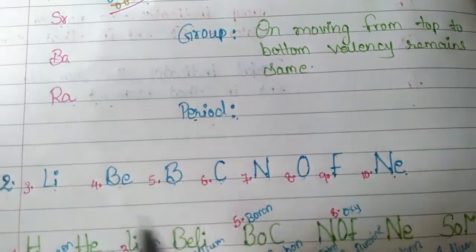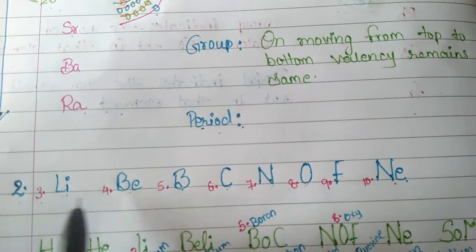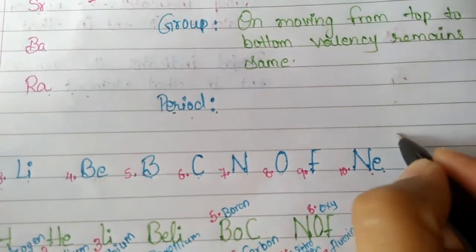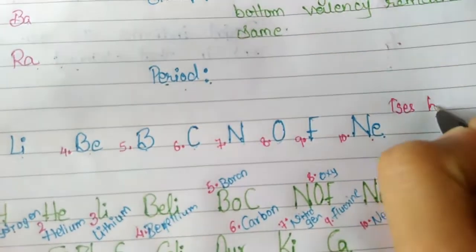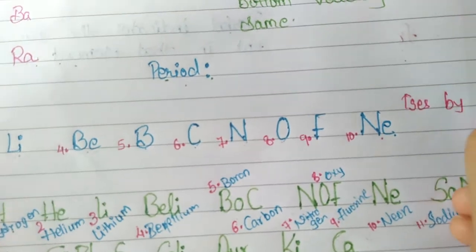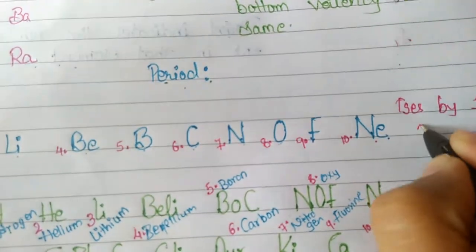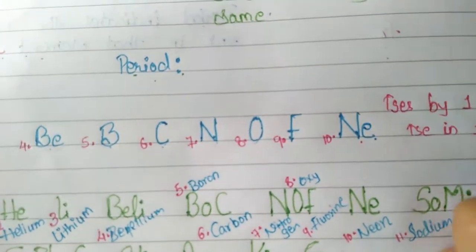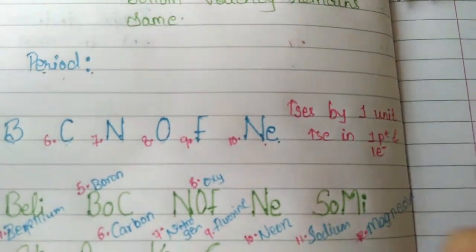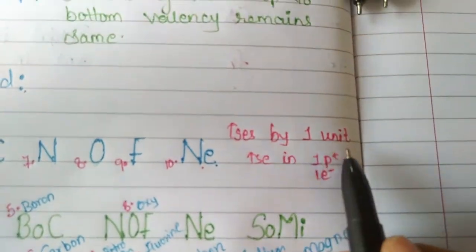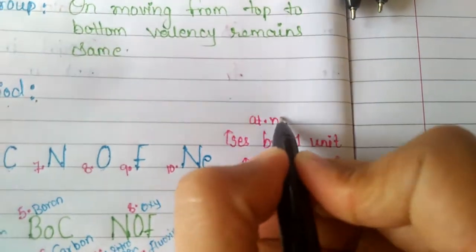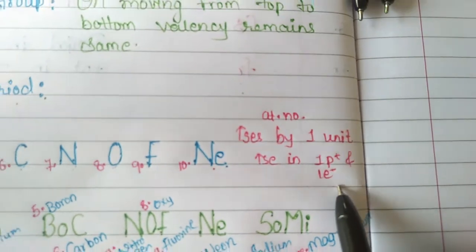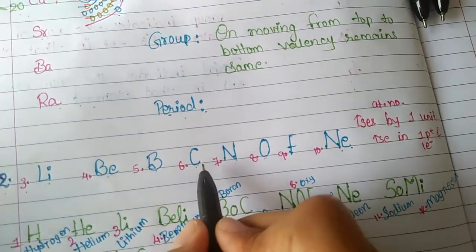These are the elements of the second period. As we are seeing, the atomic number increases by 1 unit. It means there is an increase of 1 proton and 1 electron in each atom.